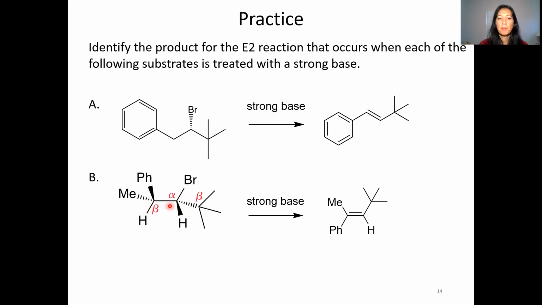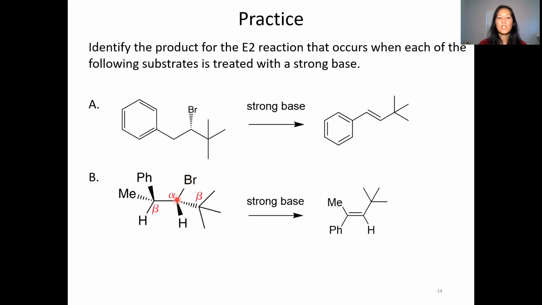This sigma bond becomes the pi bond, and then this leaves. So I'm only looking at this Br and this H. We have to see, do we have the right configuration for it to be antiperiplanar? And I've already written it out like that. So this is antiperiplanar. They're in the same plane and they're opposite each other. So it's already set up to do the elimination.